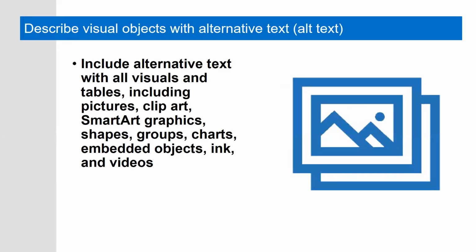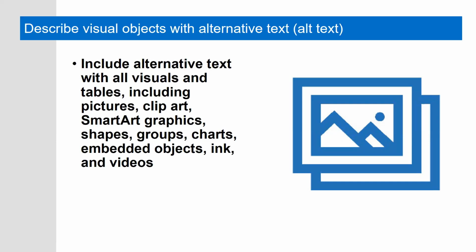The next key practice is to describe all visual objects in your email messages with alternative text. So people who are blind or have low vision use an assistive technology called a screen reader to hear content and navigate with the keyboard. The screen reader converts digital text into synthesized speech.